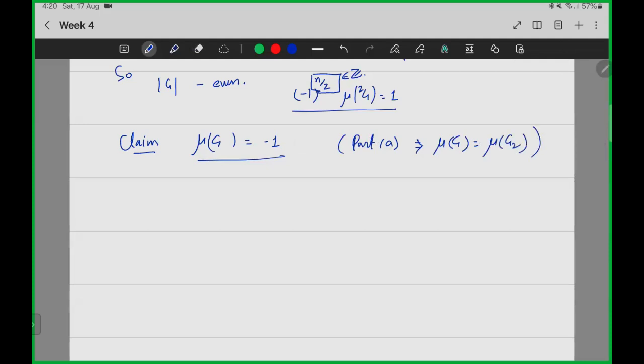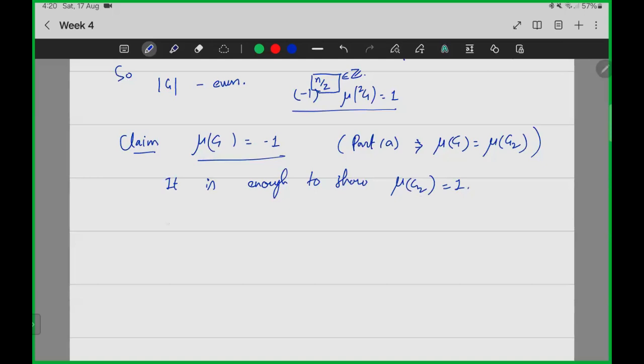Yes. So it is enough to show mu of g2 is -1, correct?